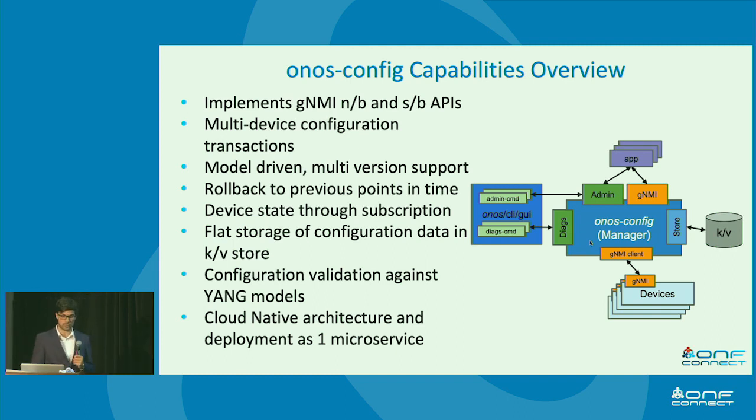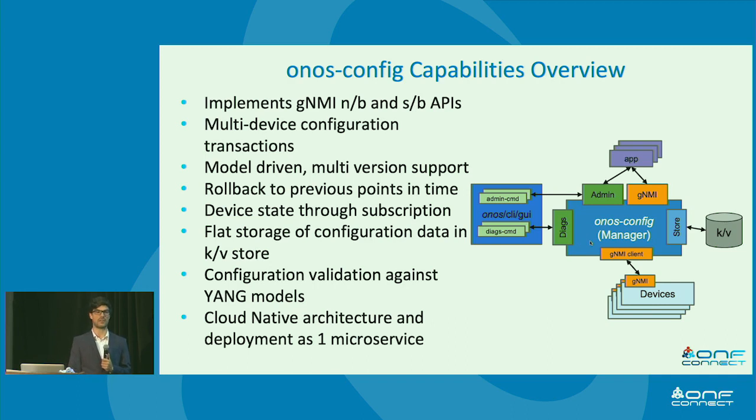We have the capability to do rollback to previous points in time. We keep a version history of the many configuration changes that happen in the network. We subscribe to device state when the device connects. We have a flat storage of configuration data in a key-value store. And the configuration that gets requested to be deployed on a certain device is validated against the Yang model.